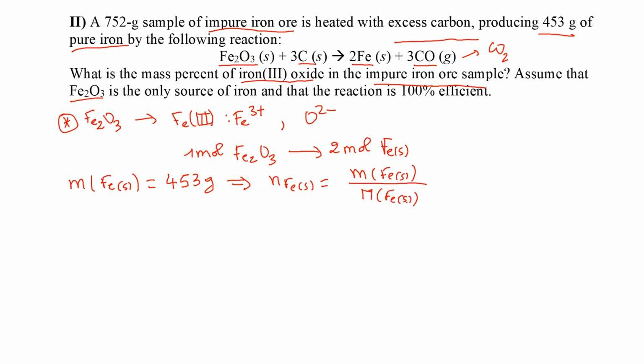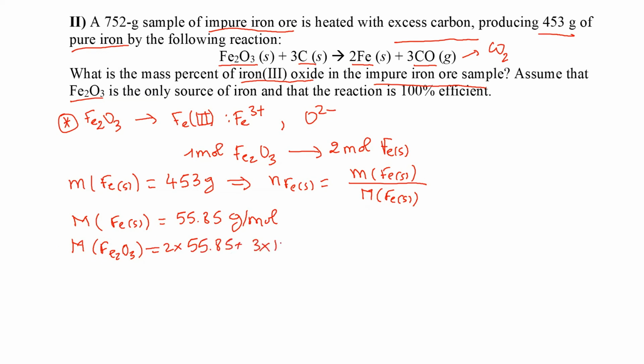Okay, so here we need the molar mass of iron solid and also the molar mass of our oxide. So let's start with that. The molar mass of iron solid, if you look on the periodic table, is equal to 55.85 gram per mole. And you can deduce the molar mass of iron oxide, which is equal to 2 times 55.85 plus 3 times 16.00, which is the molar mass of oxygen.